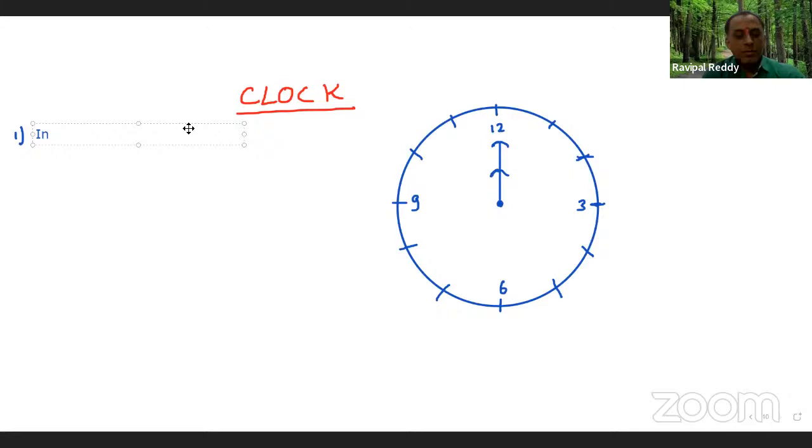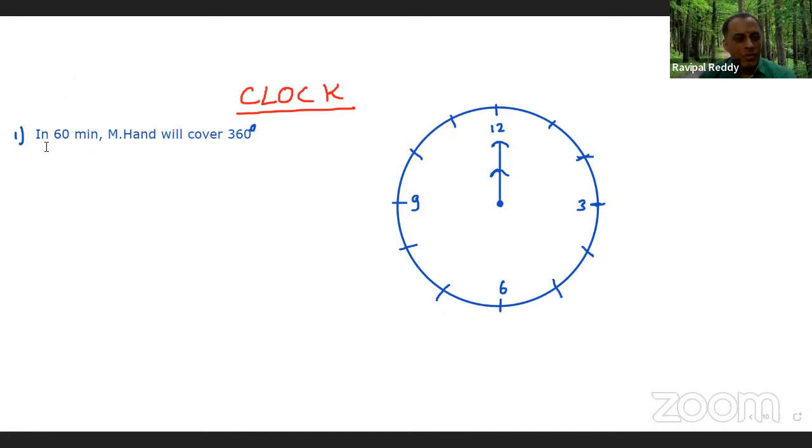In 60 minutes, the minutes hand will cover 360 degree.